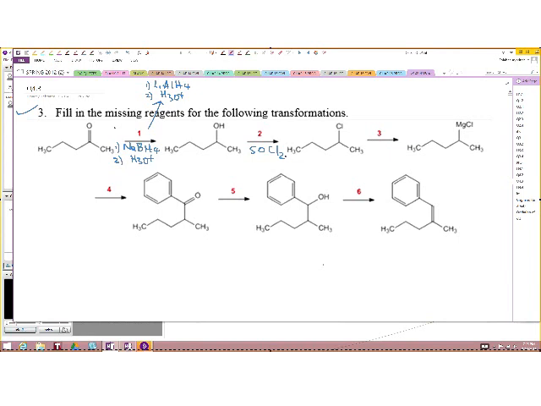Anytime you want to go from a primary alcohol or a secondary alcohol to an alkyl chloride, this is the reagent you need. You don't have too many reagents like this. So, let us take a look at that reagent.